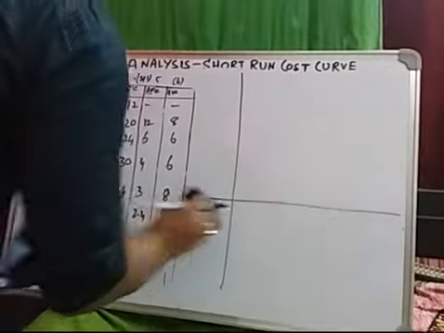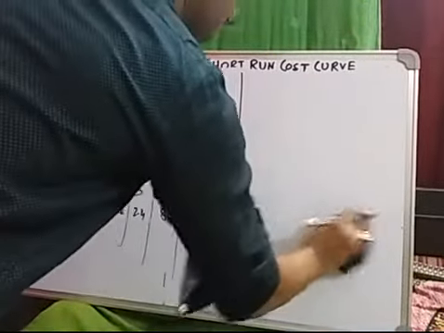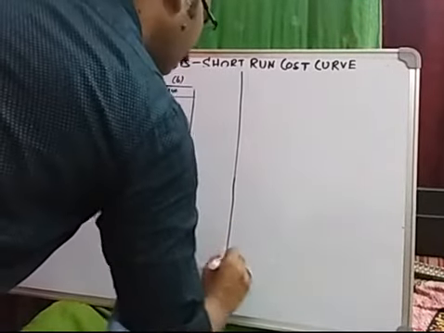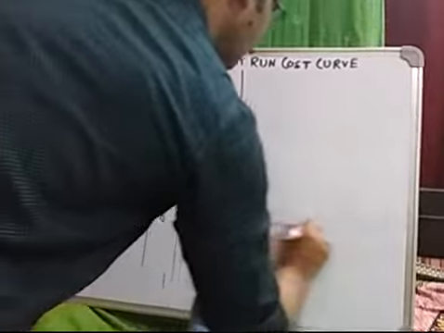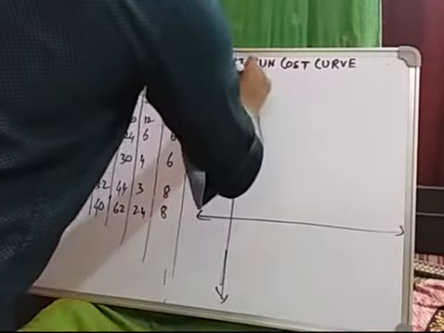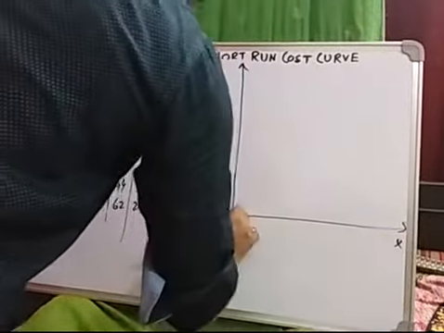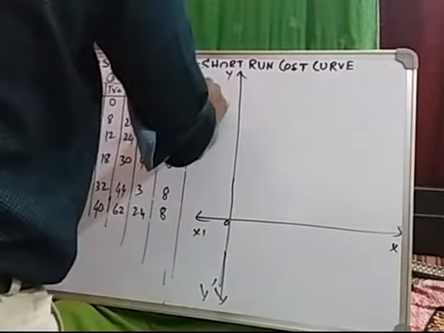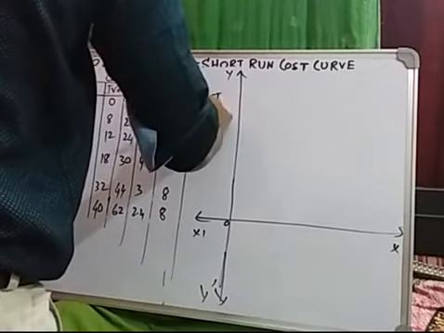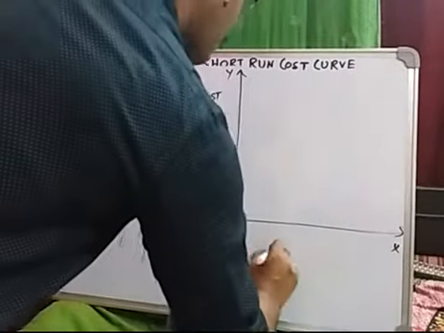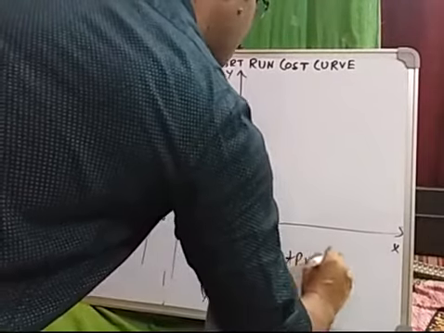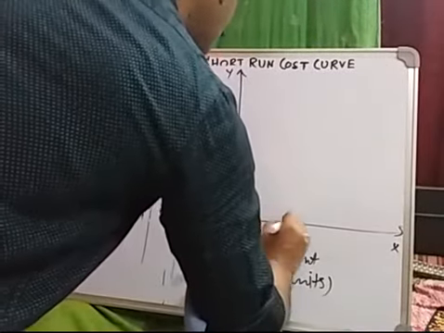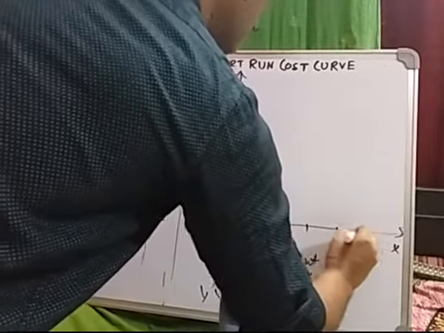Now see, X O X dash, Y O Y dash is the cost in rupees. Here is the output in units. 1, 2, 3, 4, 5.